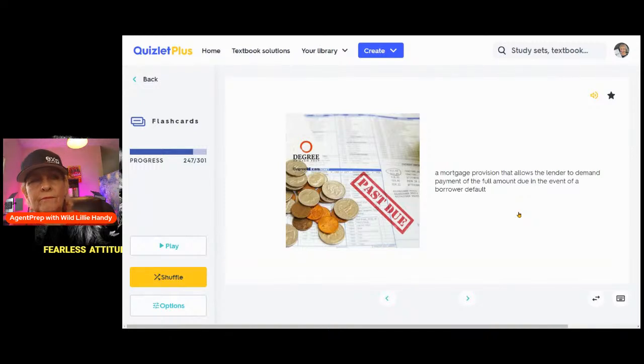So in 50% of the states, it is called a mortgage, and they'll have how to deal with a borrower defaults. In the state of Texas and other states central to west, we use a deed of trust, and that has instructions on what happens when somebody is in default.